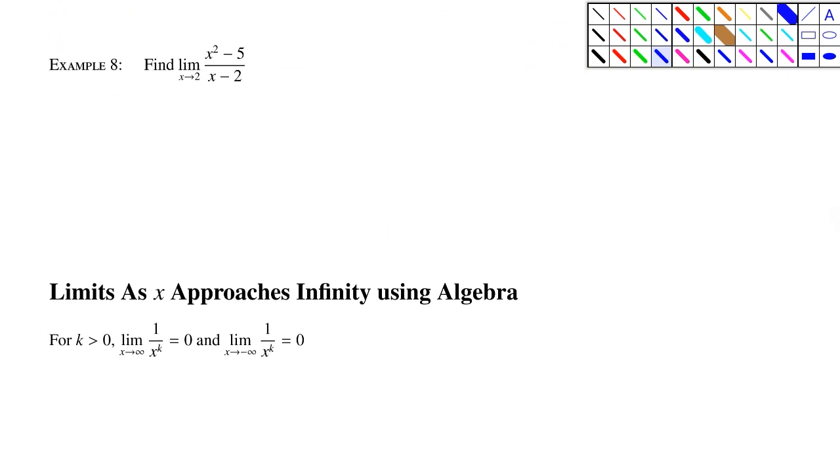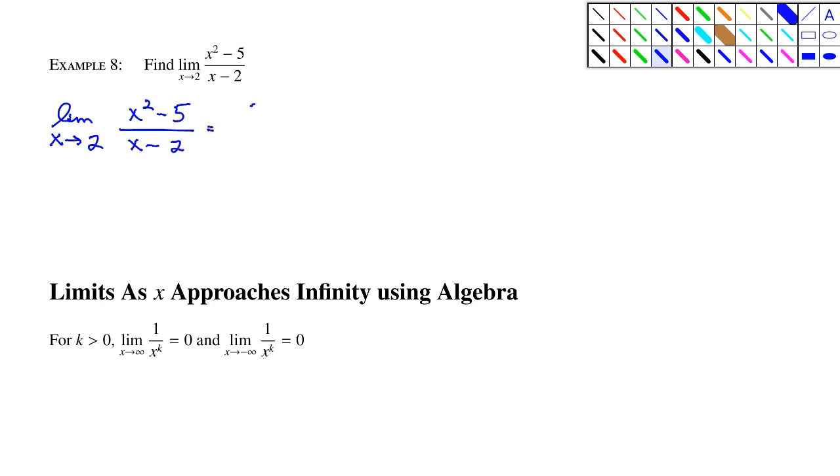Let's look at example number 8. Find the limit as x approaches 2 of x squared minus 5 over x minus 2. So again, we would try the evaluation. The limit as x approaches 2 of x squared minus 5 over x minus 2.